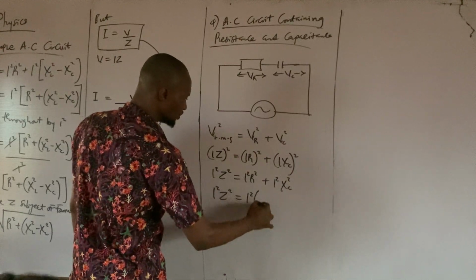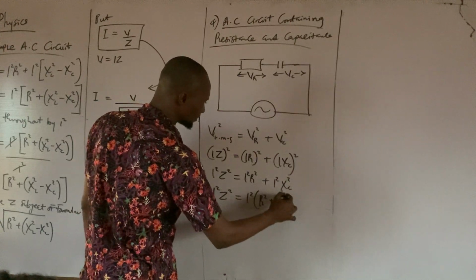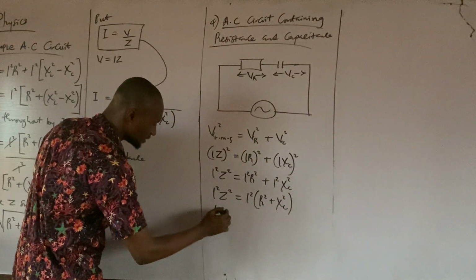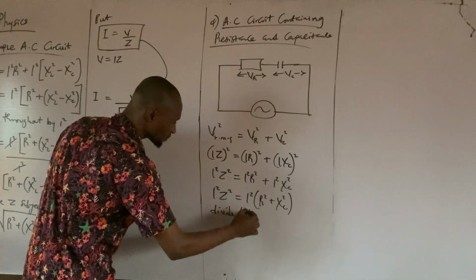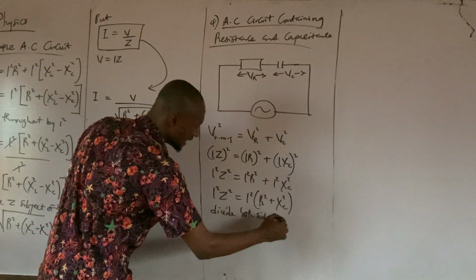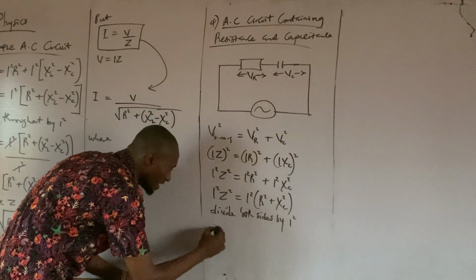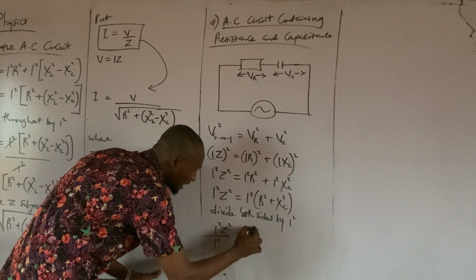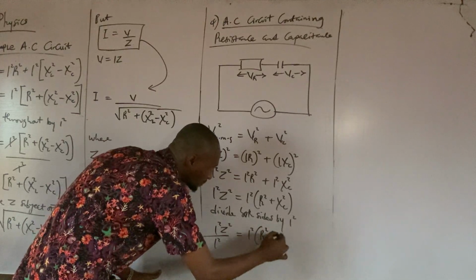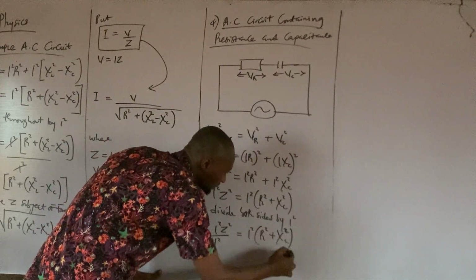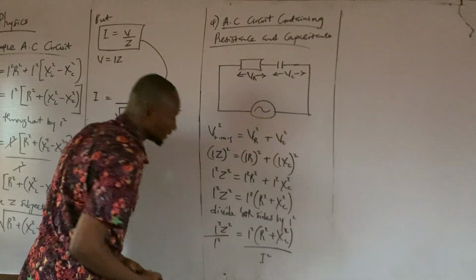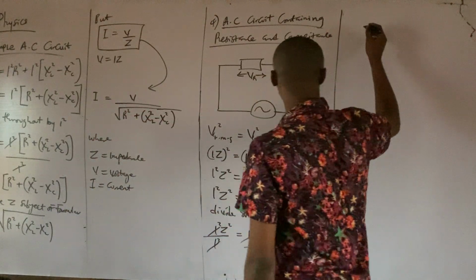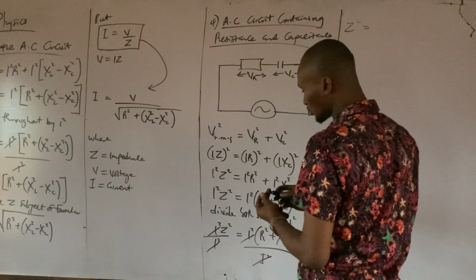I squared into bracket R squared plus XC squared. Now divide both sides by I squared. You have I squared Z squared divided by I squared equal to I squared bracket R squared plus XC squared divided by I squared. So this will cancel, right? Yes.